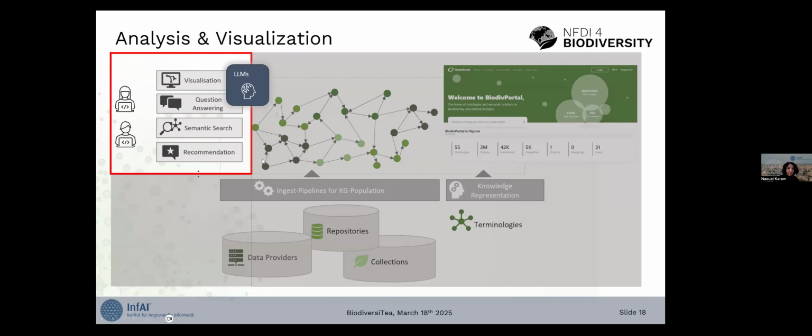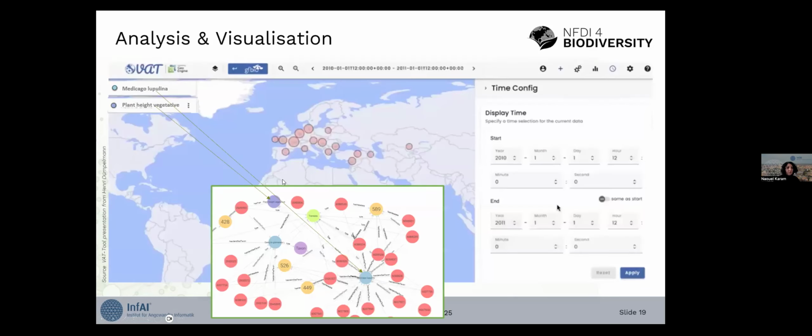Okay, so now I will go on and show what we are working on for both the visualization and the question answering. So for the visualization, we are working with our colleagues from Uni Marburg with the FAT tool for the visualization of observations or data on a map.